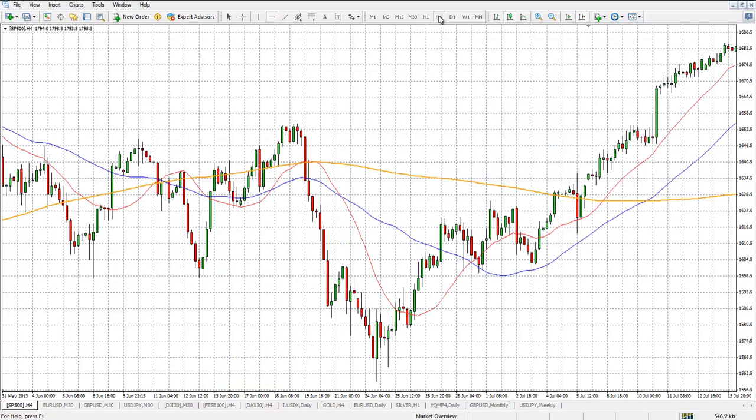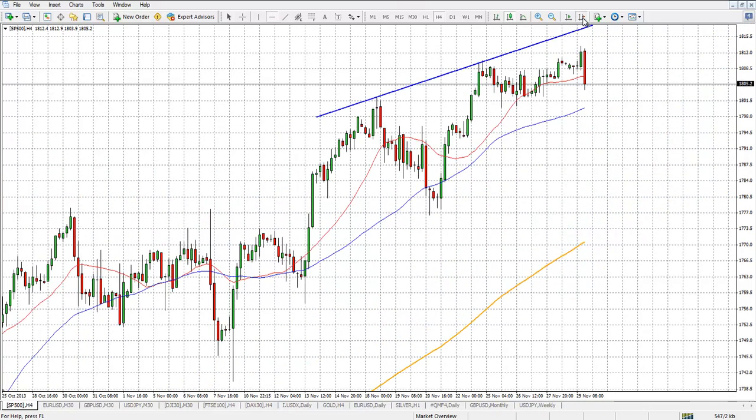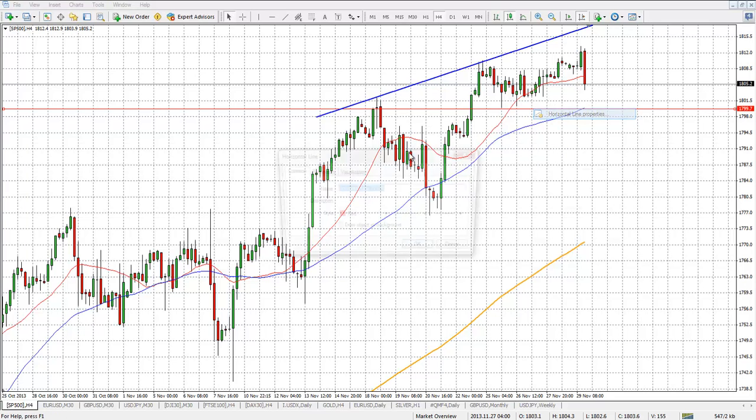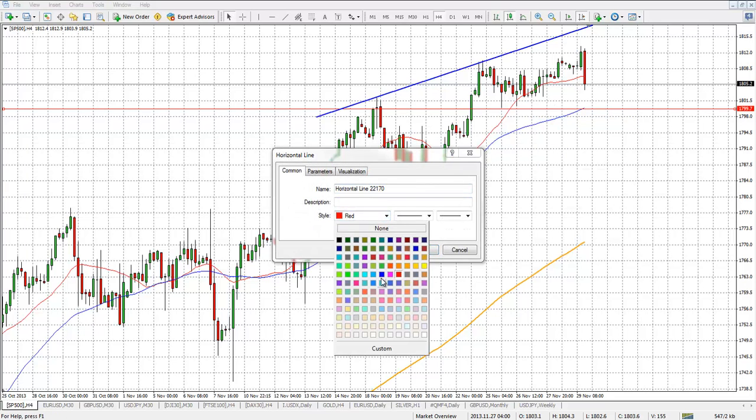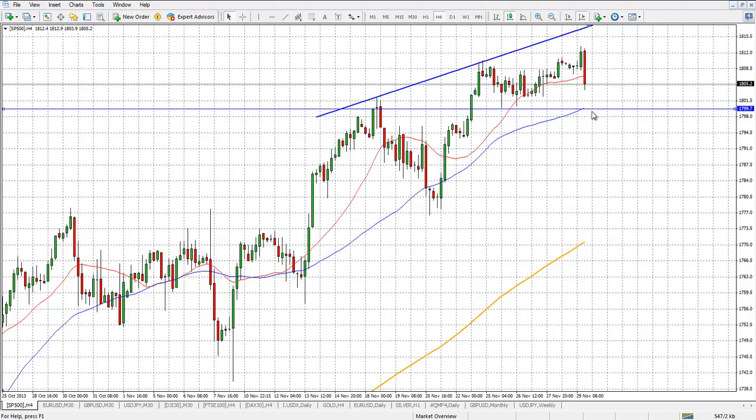So the logical levels of support for me, very briefly, would be at these previous lows. Sorry, I'll change this to be nice and blue. Here we go. So levels of support would be around 1802 followed by 1800.